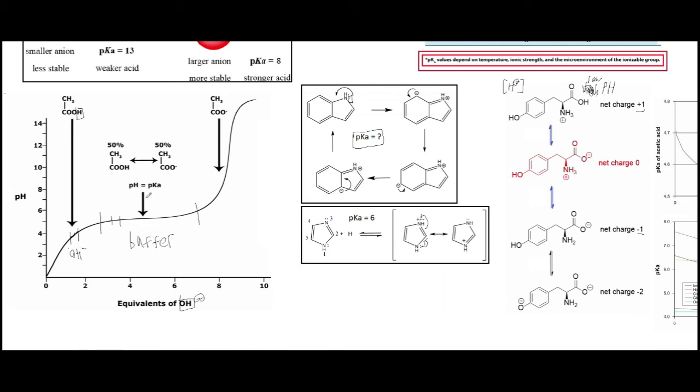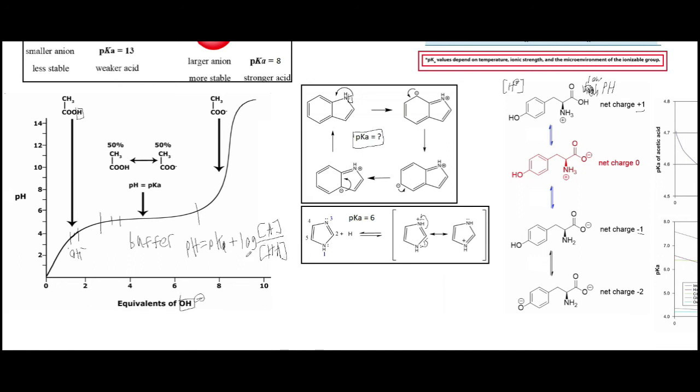And here we have the pH equals pKa, and we talked about in the acid-base videos that the pH equals the pKa plus the logarithm of the conjugate base over the acid.